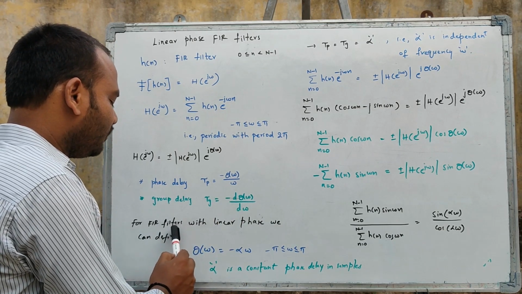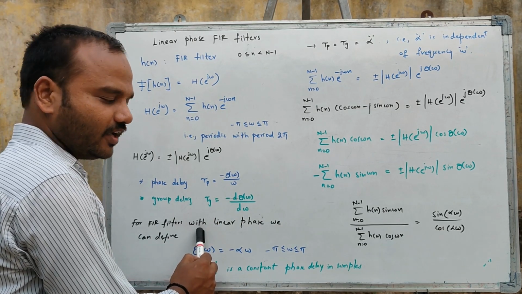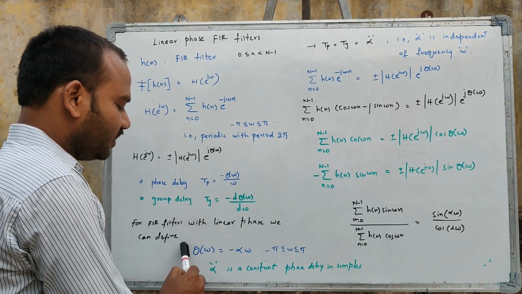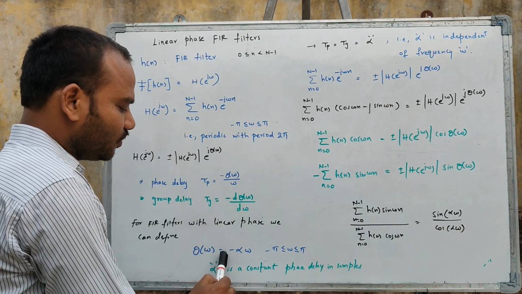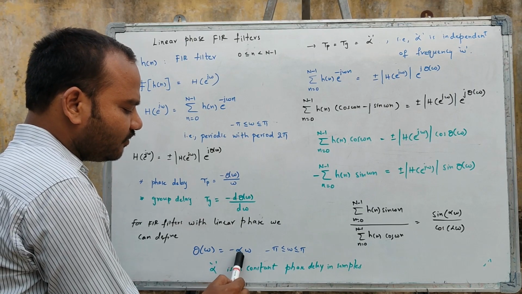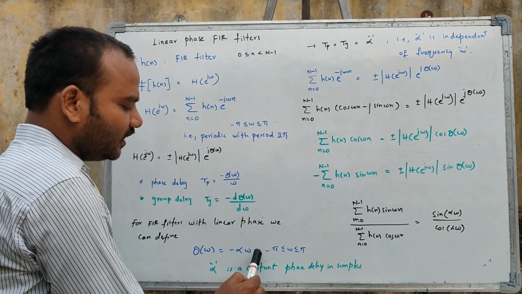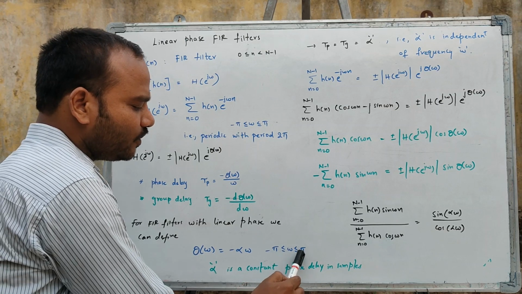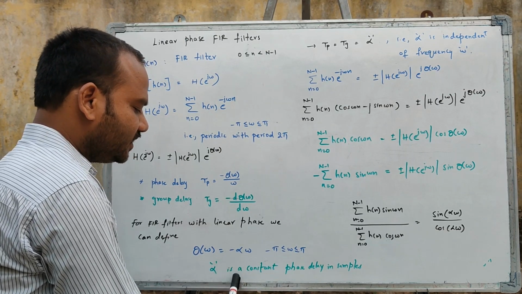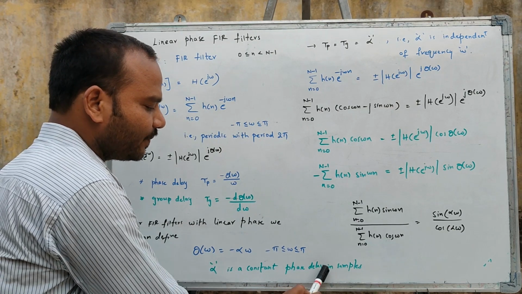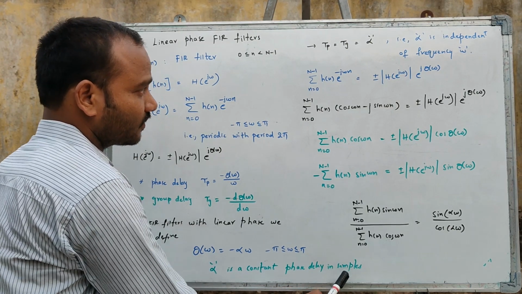For FIR filters with linear phase, we can define this phase function theta of omega is equal to minus alpha times omega in the range minus pi to plus pi, where this alpha is a constant phase delay in samples.